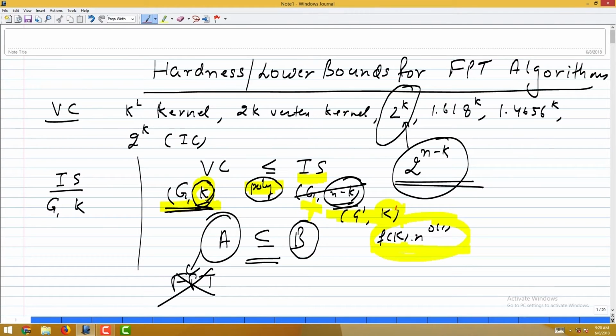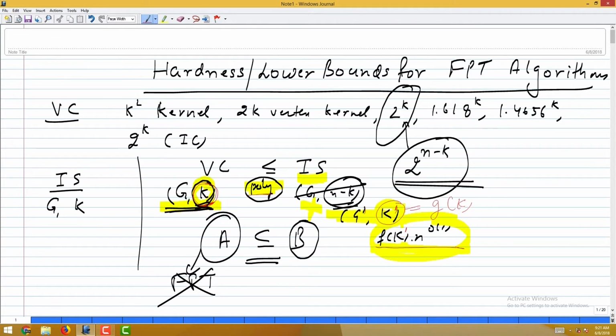So given an instance G comma k of vertex cover, I was able to convert it to an instance G prime k prime of independent set. Then suppose I had an FPT algorithm for the independent set problem, then it would run in f of k prime into polynomial in n time. And if this k prime was some function of the original parameter k, then I can solve vertex cover in the following way.